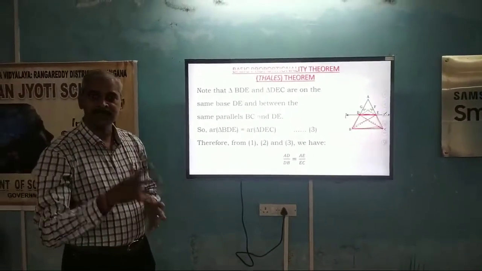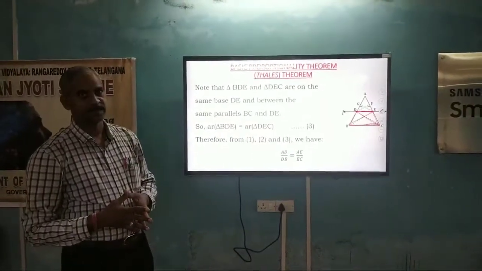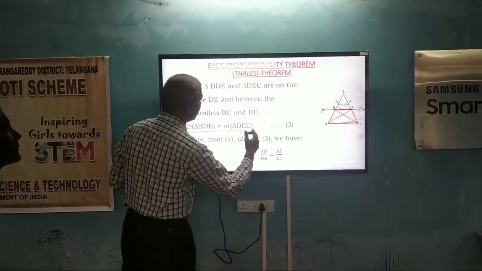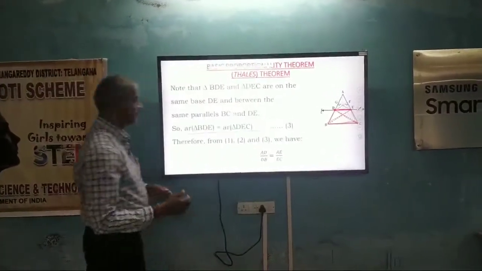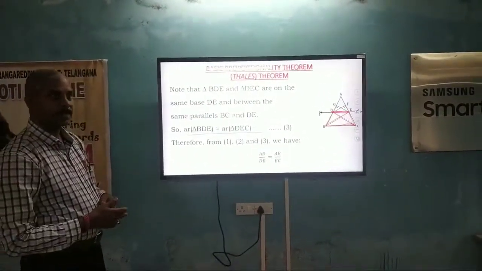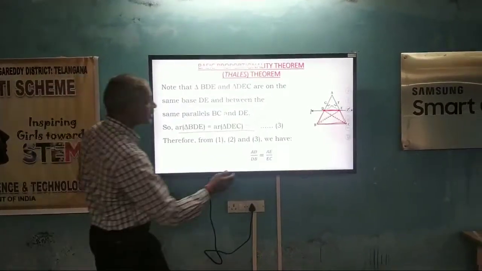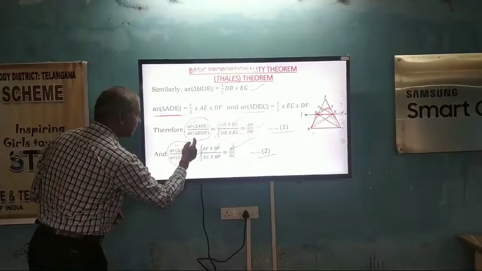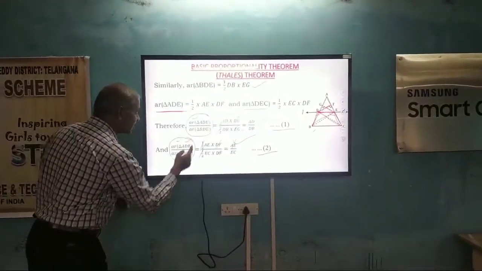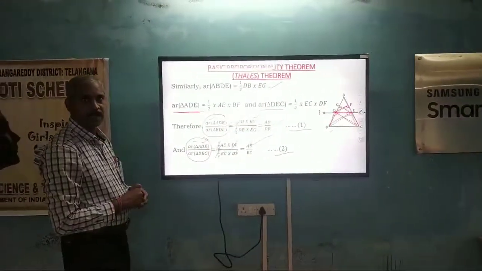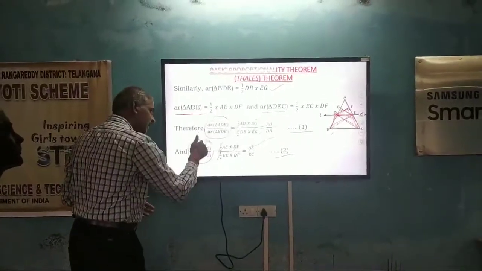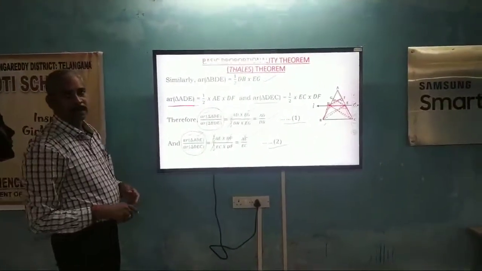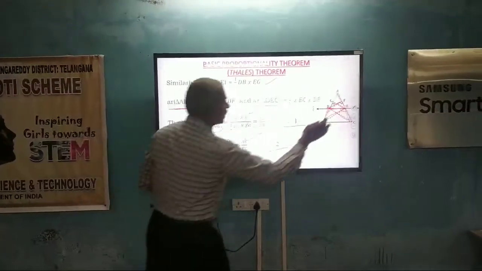In class 9th we have discussed this concept. Therefore, here area of BDE and area of DEC are equal. That means the denominators are equal. So numerators are equal, denominators are equal. Therefore, these two ratios are equal.